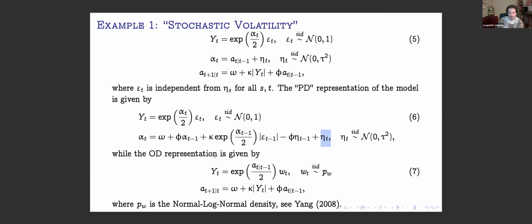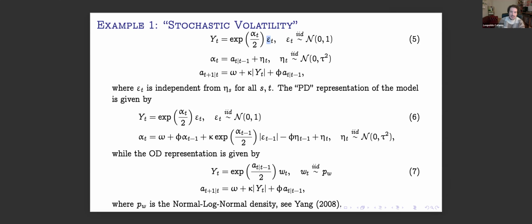Whereas the observation-driven representation looks like a Nigarch model, kind of, where now the shocks are a function of this eta t and this epsilon t. So it's effectively w t equal to exp of eta t divided by 2 times epsilon t, and the name of the associated density is the normal log-normal density. Okay, so it has a name.